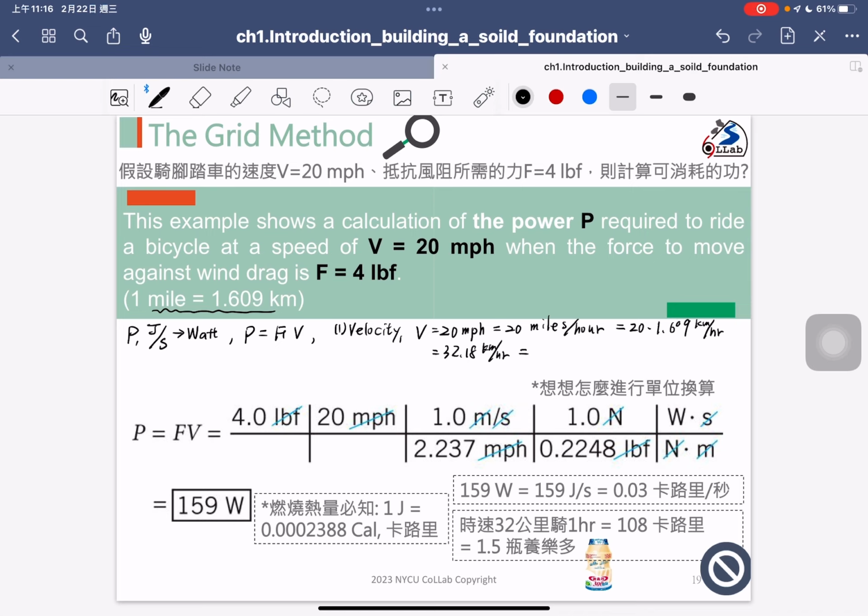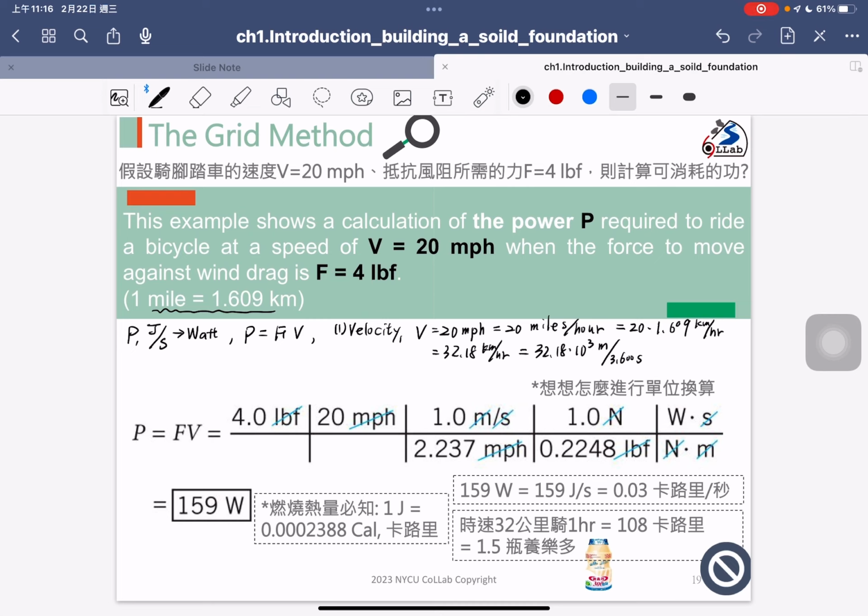But this is not our final purpose, because our target is meters per second. So we should convert kilometers to meters, so we multiply by 1,000 to convert to the meter unit. And I know 1 hour has 36,000 seconds, so here I should divide by 36,000 seconds.